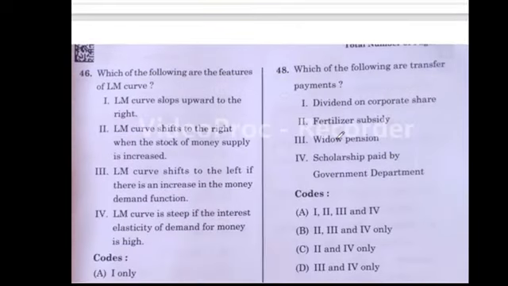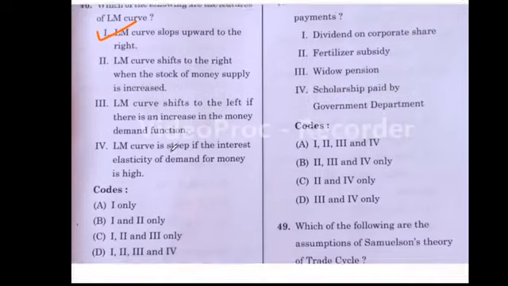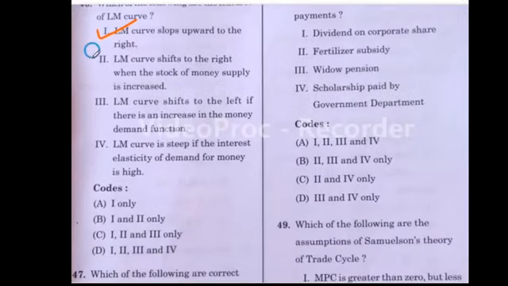Question number 46. Which of the following are the features of LM curve? LM curve slopes upward to the right. This is correct. LM curve shifts to the right when the stock of money supply increases. Yes, this is also correct. When money supply increases, the LM curve will shift right.